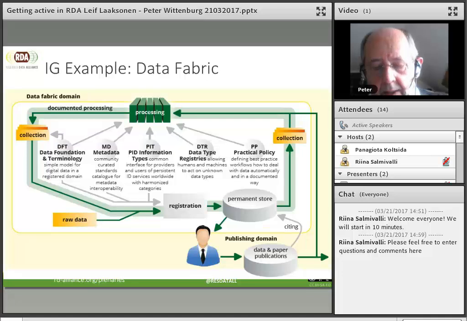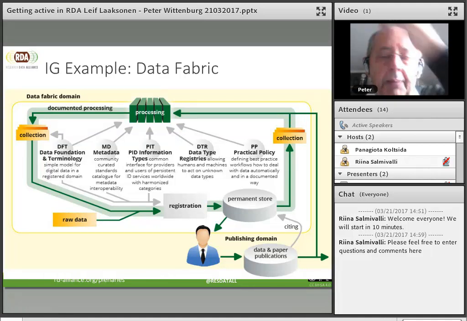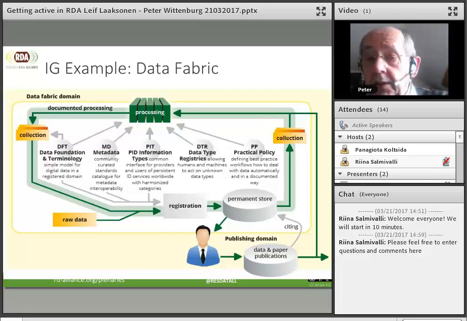And you see here in the middle that a couple of working groups, and there are still even more now, all contribute to these cycles. So the data foundation and terminology group created a model for good data organization. The metadata people are working on how to structure metadata.